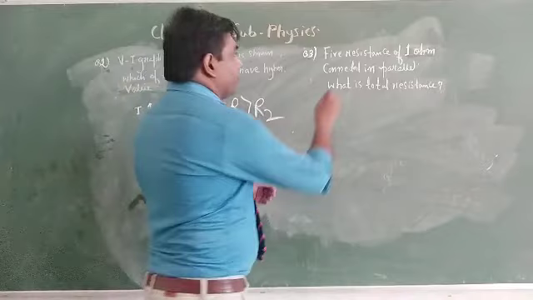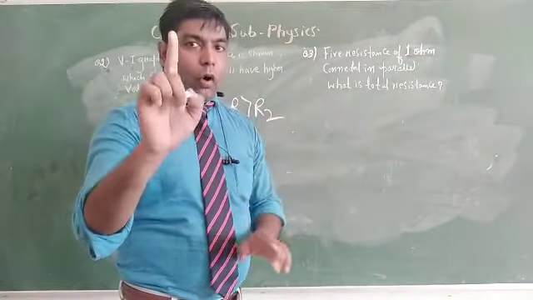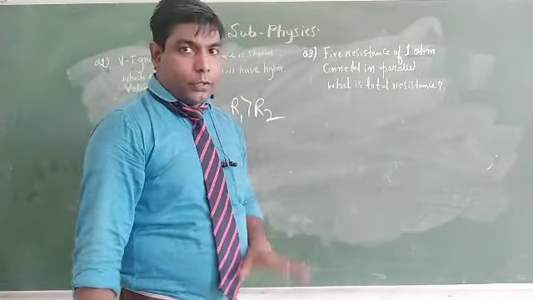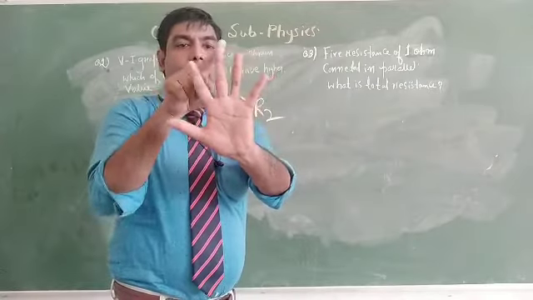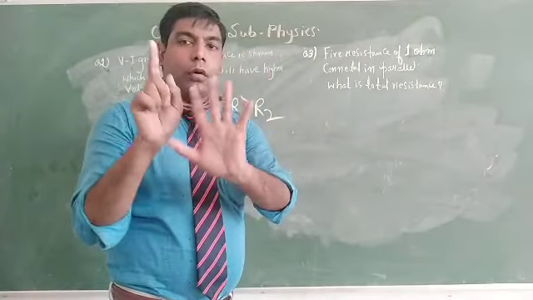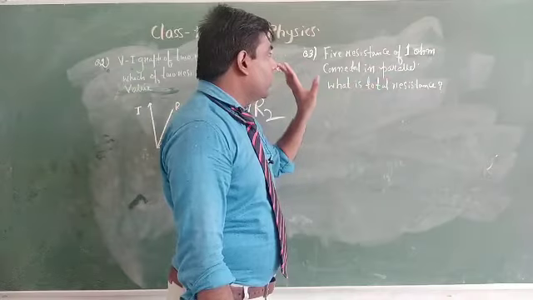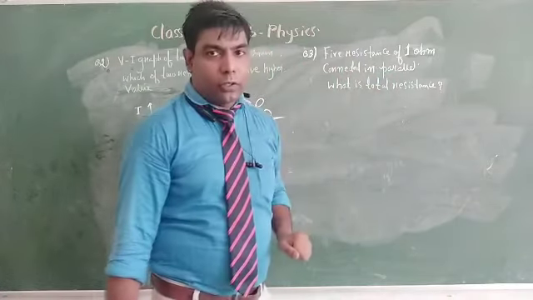Second question, see. 5 resistance of 1 ohm each. There are 5 resistance, all is having how much value? 1 ohm each. Connected in parallel, what is the total resistance?